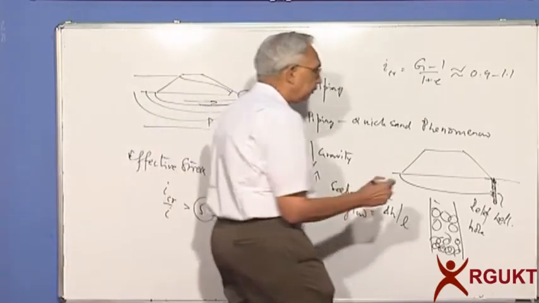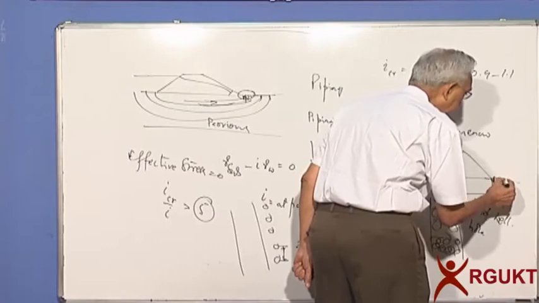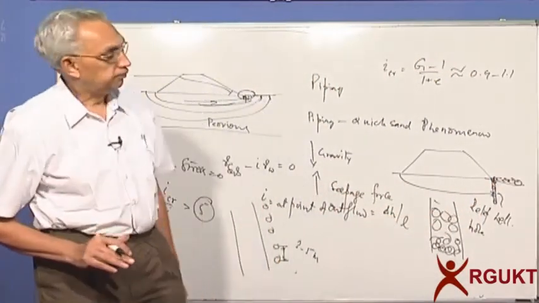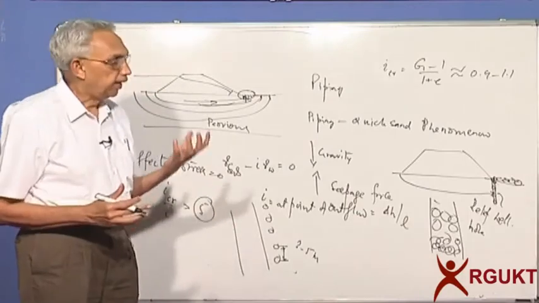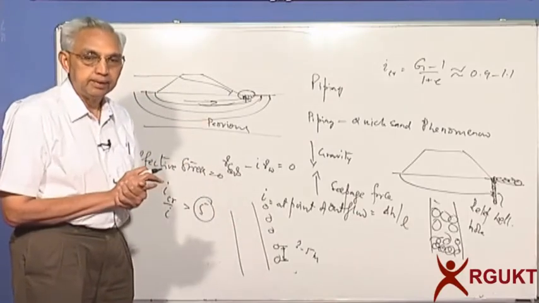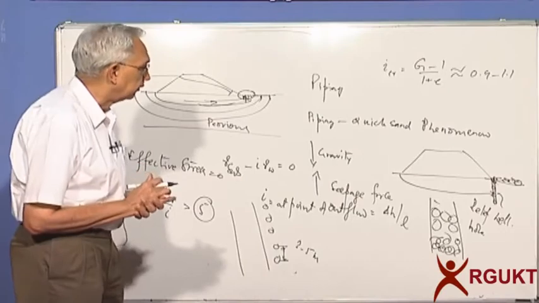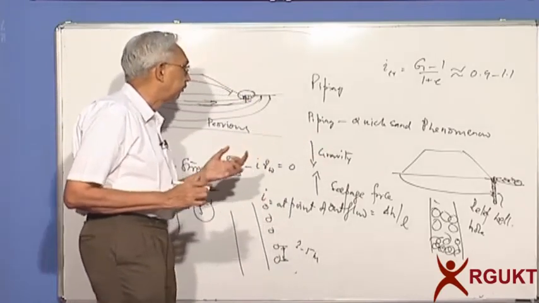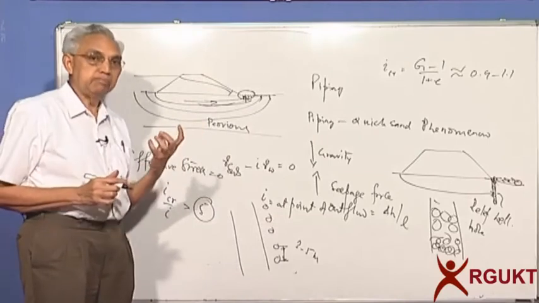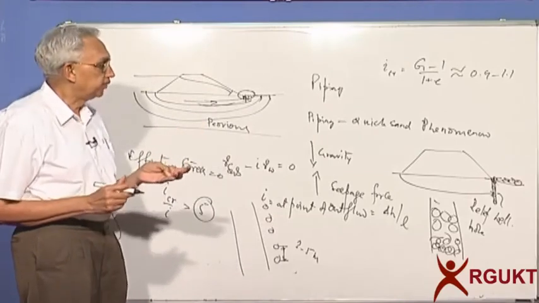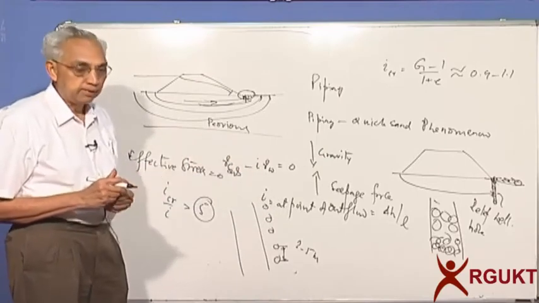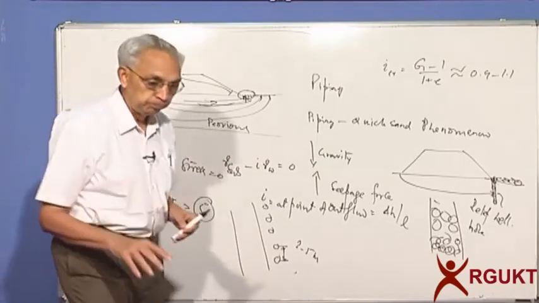Otherwise, you can also provide a pitching. You pitch the downstream with heavy stone, which will not be washed away and also will prevent the particles being taken away. So different methods of preventing piping would be to provide inside the embankment a toe drain or blanket drain, and through the foundation we again have pitching or relief wells.